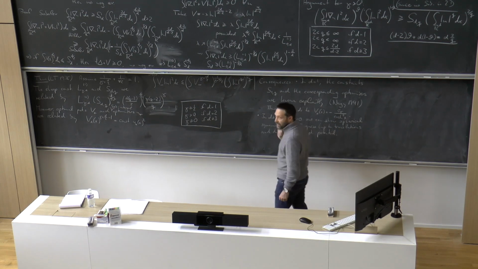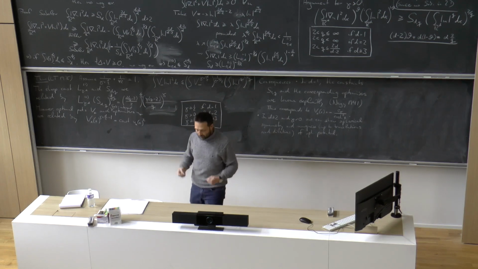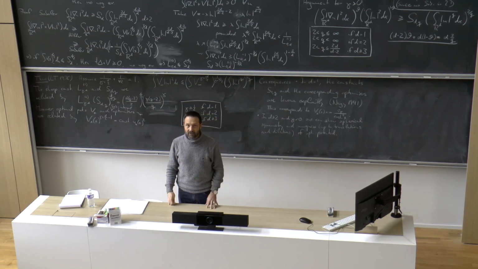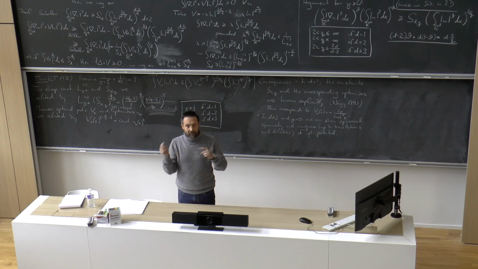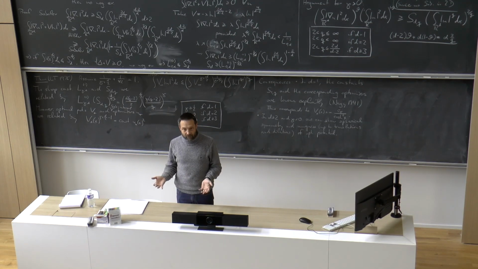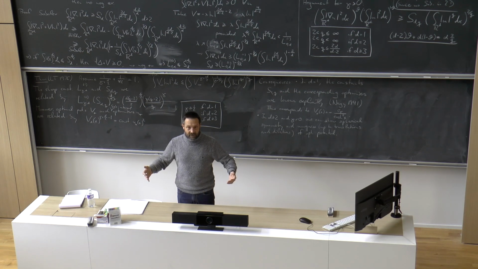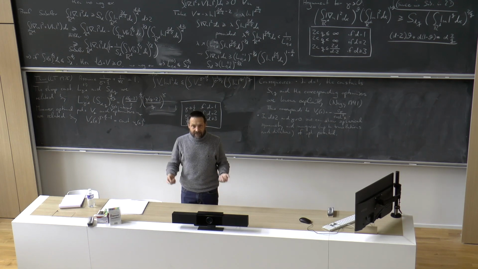That's actually quite heavy. You really have to sit there and work. But what helps you is that you have this reformulation in terms of Sobolev optimizers. Because they're Sobolev optimizers, they satisfy an Euler-Lagrange equation, positive solutions to that, and then you can start playing games using elliptic theory.